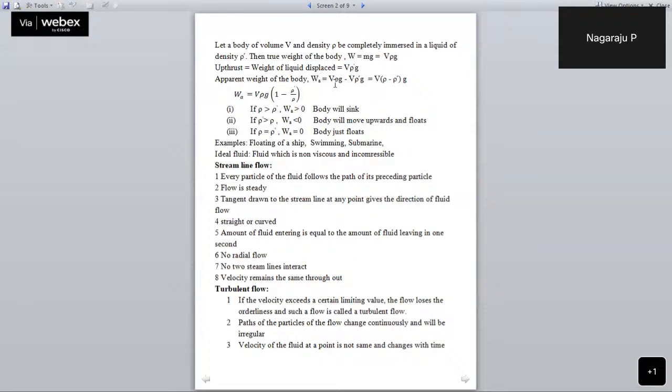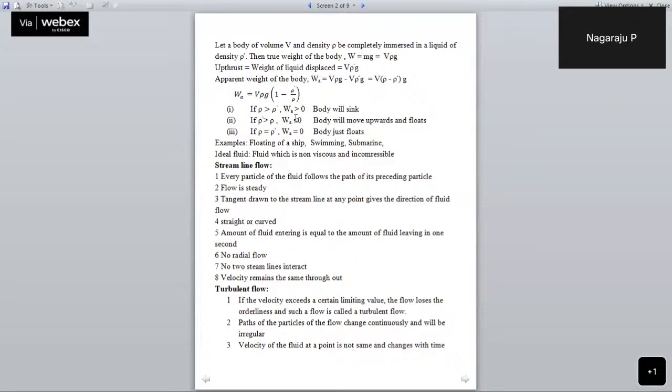Wa is equal to V rho g minus V rho dash g, and V is common here, so we write it as V into rho minus rho dash into g. In other words, we can take rho g outside, and write it as V rho g into 1 minus rho dash by rho.